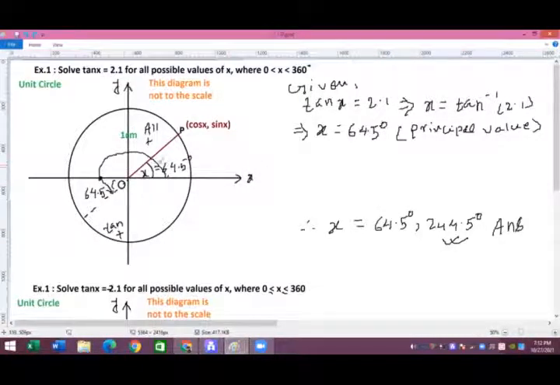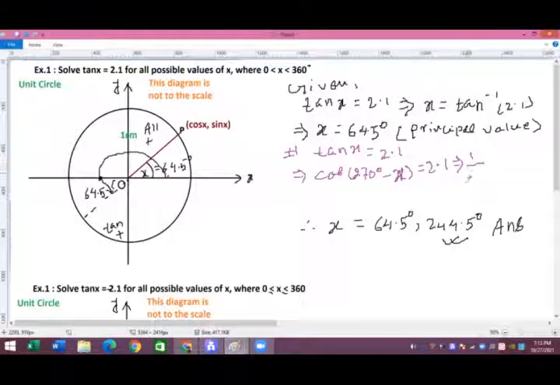This is also possible in the third quadrant, so first we start from tan x equals 2.1, and for tan x you can write cot of 270 degrees minus A in general, which is 2.1, or you can write x here because the angle is x here. So you know that cot of 270 degrees minus x is tan x, so you can write it this way also, and you can again write this cot as 1 by tan.